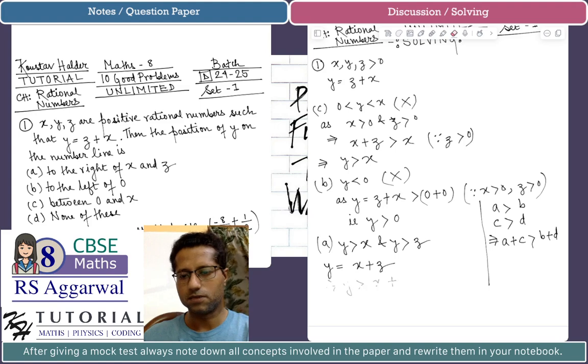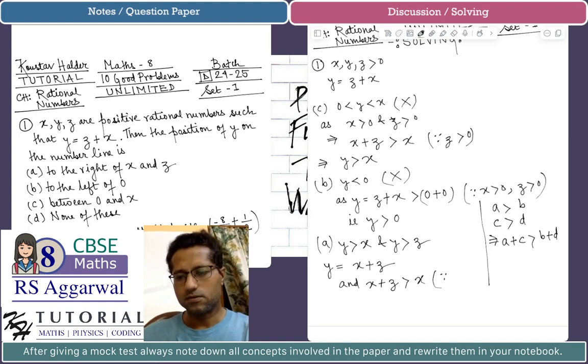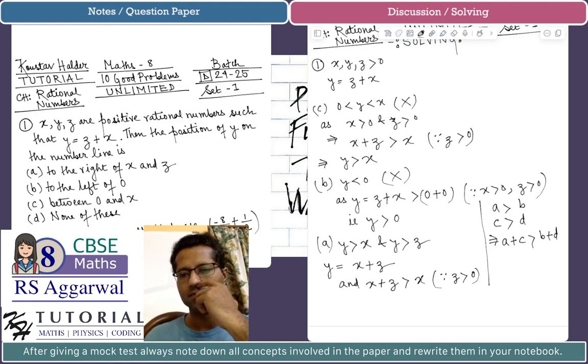Y is equal to x plus z, and we know that x plus z is greater than x because z is positive. If we add a positive number to x, whatever x is, that number, that is x plus that positive number, will always be greater than x.